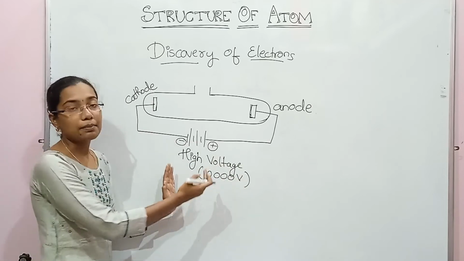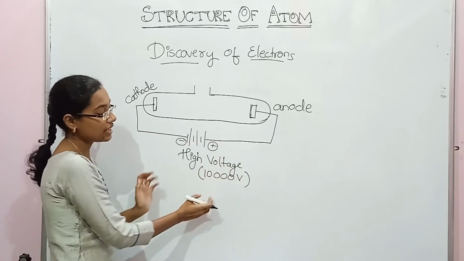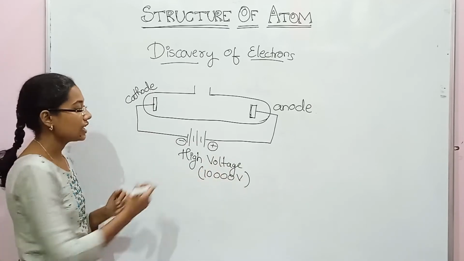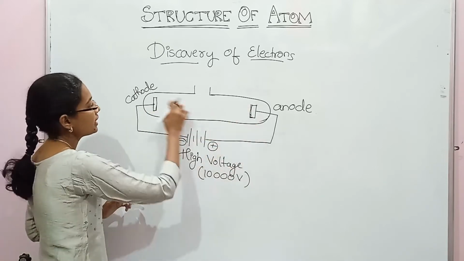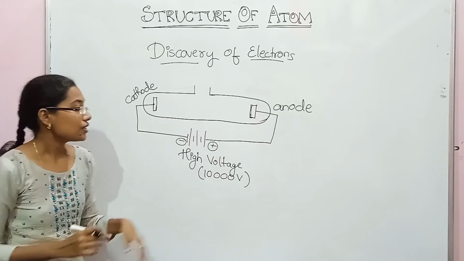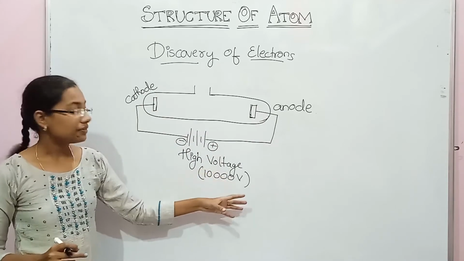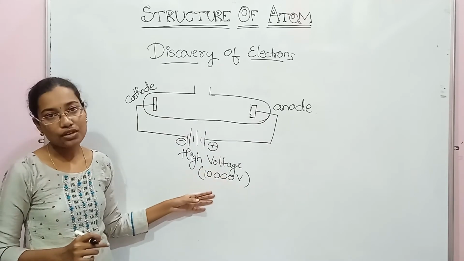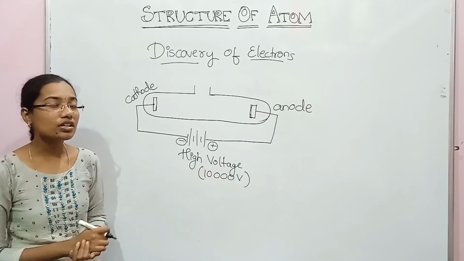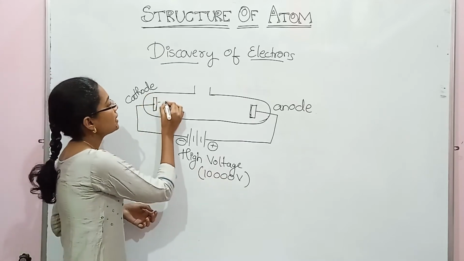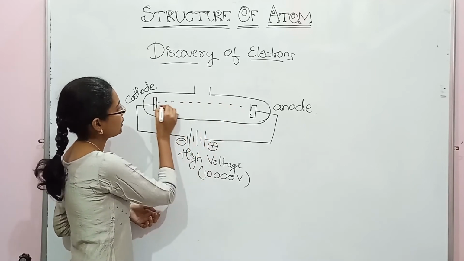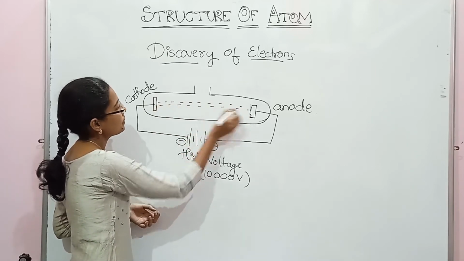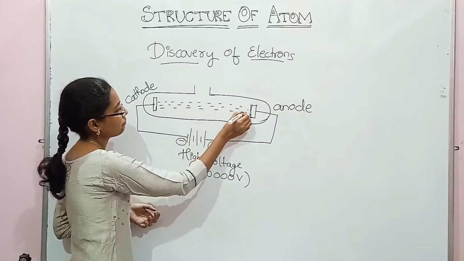Whenever we apply a very high voltage like 10,000 volts, current starts flowing through the wires and the electrodes. When he applied it, he observed some rays moving from cathode to anode.